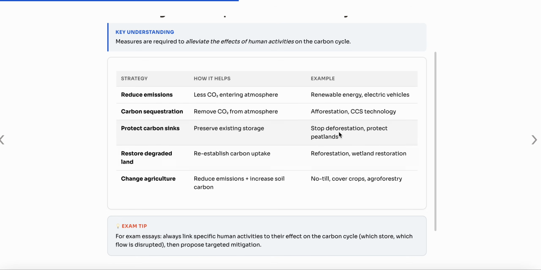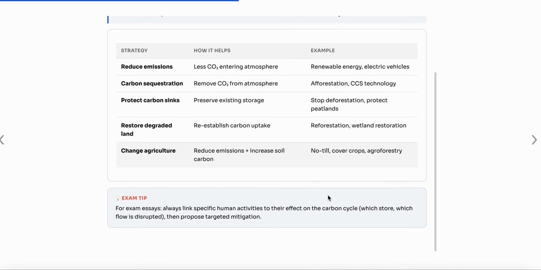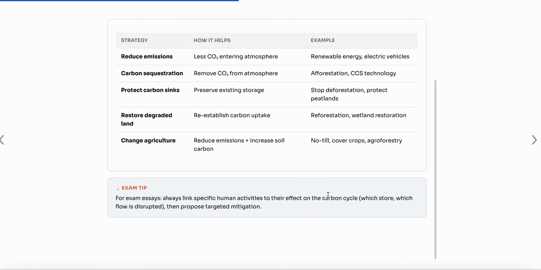You need to stop deforestation. You need to reforest, and you need to change your agriculture methods to increase absorption so that there is less carbon dioxide in the atmosphere.